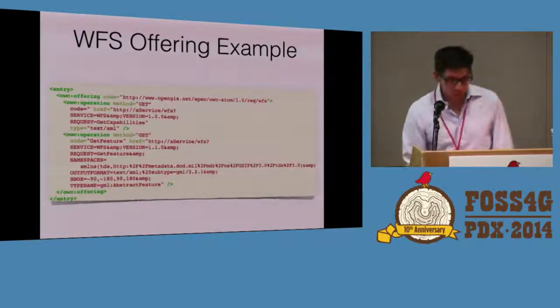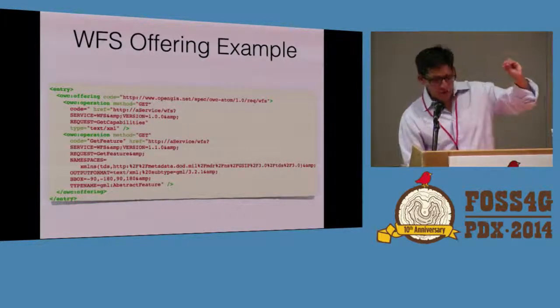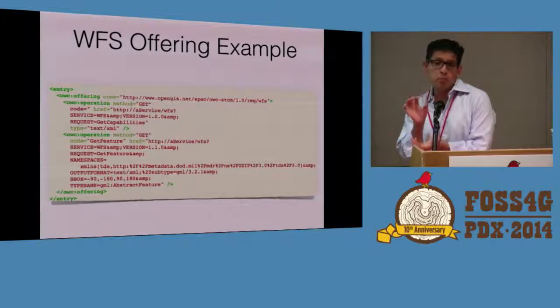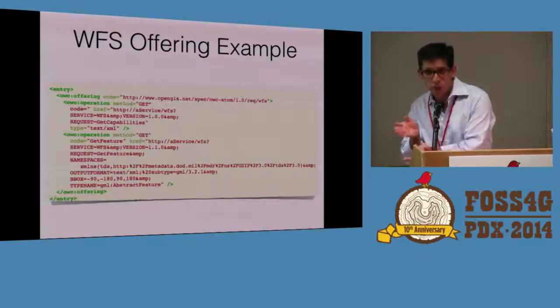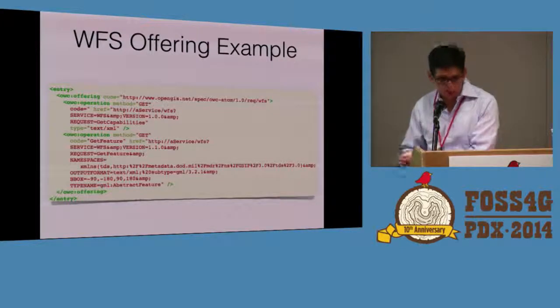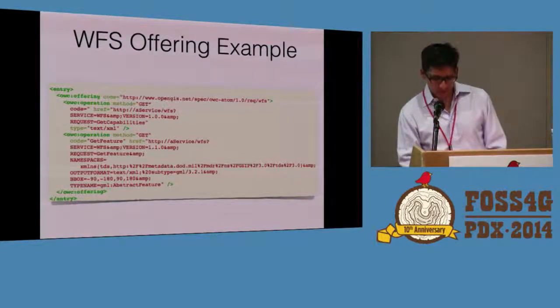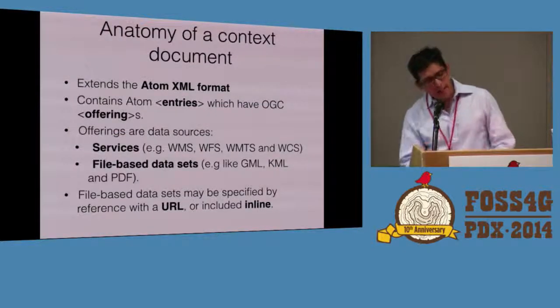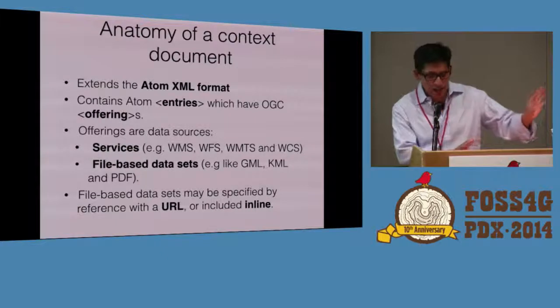And this is a WFS offering example. Well, you see here, there's an operation. Then you describe the operation, which is the GetCapabilities, which is the entry point for the WF service, and then the actual GetFeature in this case. So the anatomy of a context document is that it extends the Atom XML format.